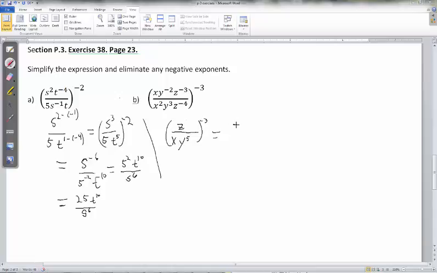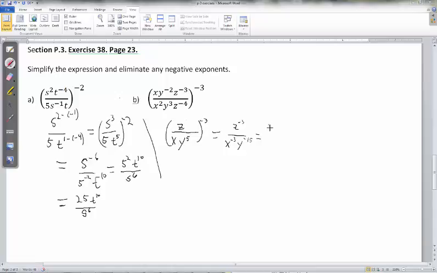Z to the negative 3 over x to the negative 3, y to the negative 15, and lastly we just need to move the factors with negative exponents between the numerator and denominator so they end up all being positive.